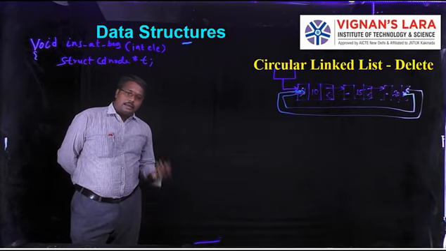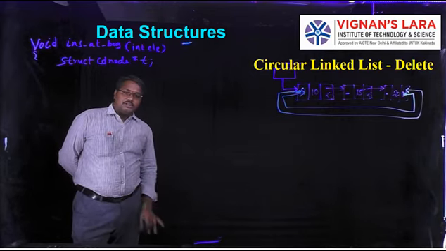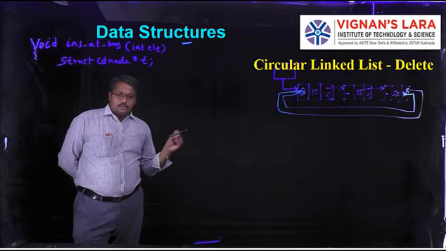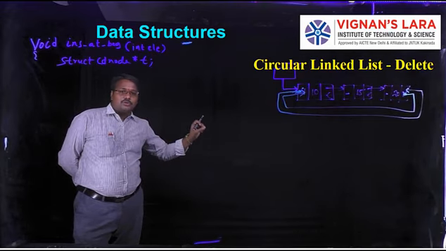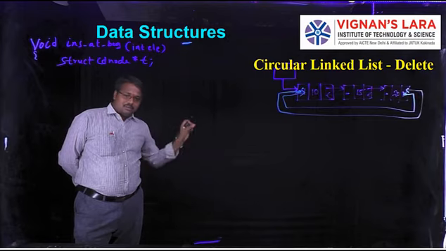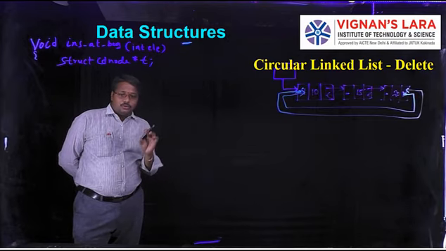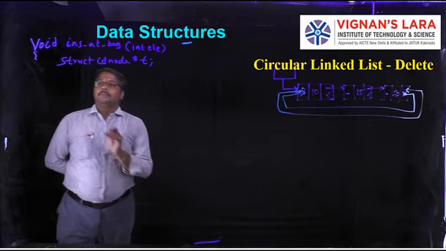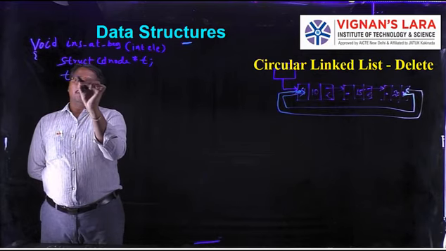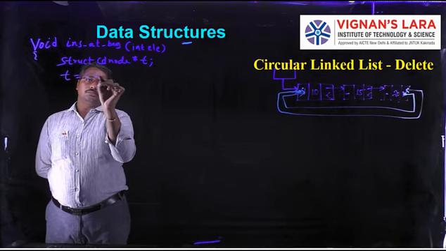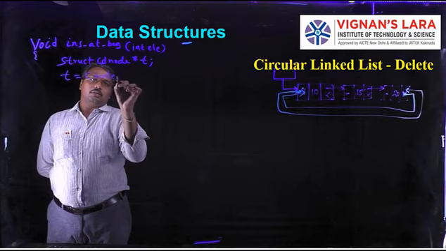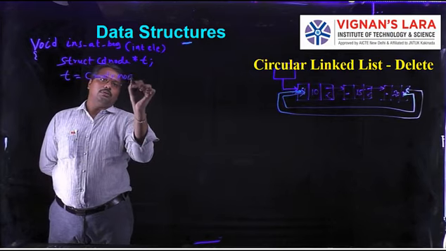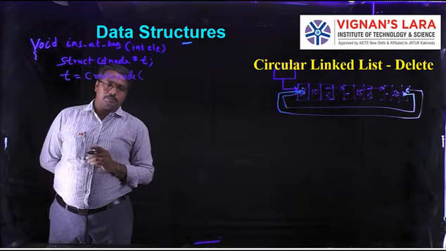Here also I am using the create node function. It creates the node, allocates memory to that node, initializes the node and returns the node address to T. So T is equal to create node.